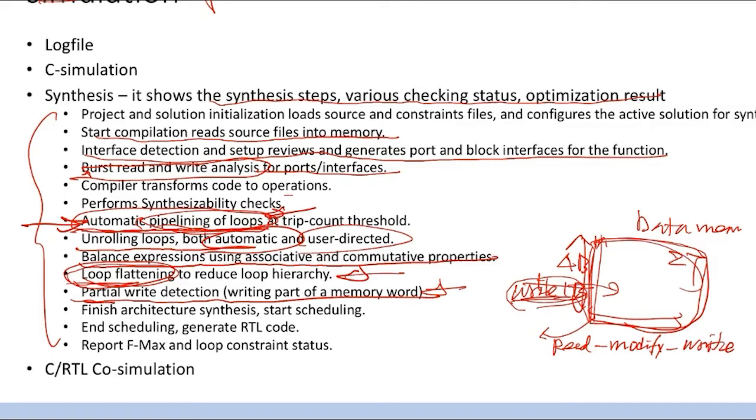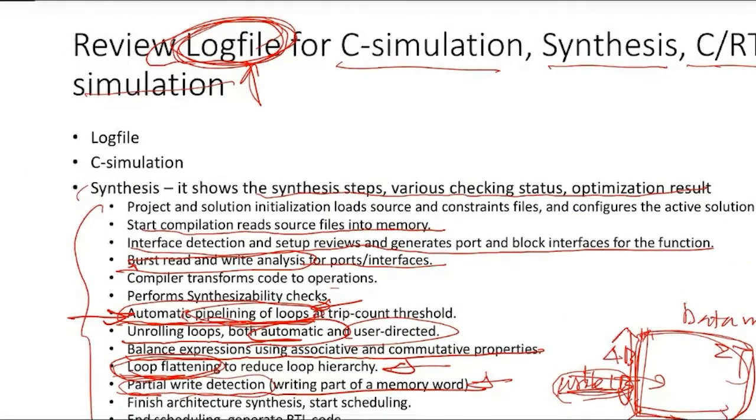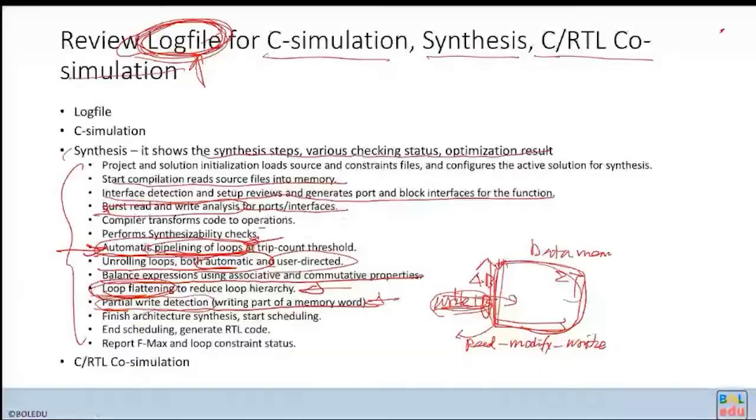So what I'm saying is, if anything goes wrong, go back and read the log file first. That's a very good practice. The log file reveals a lot of information. Review the log file. That's my advice.